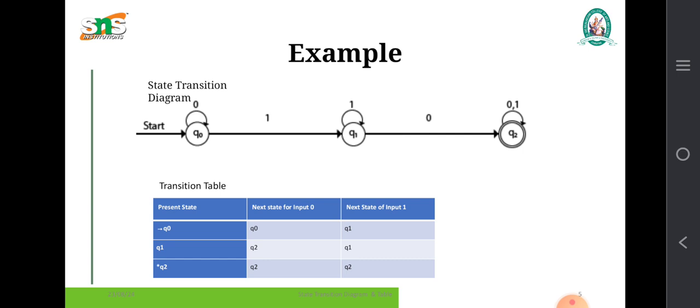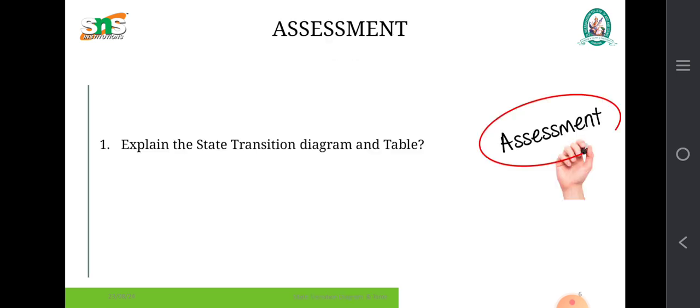By getting the input, the transition happens, and that has been depicted in this transition table. The transition of states given in pictorial format is your state transition diagram, and if you depict it in the form of a table, then you call it a state transition table.